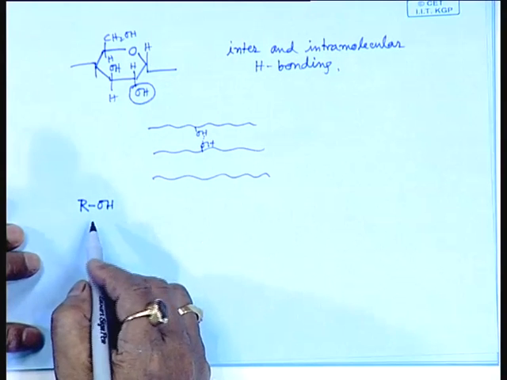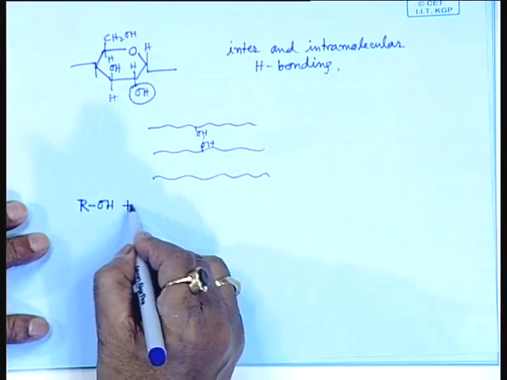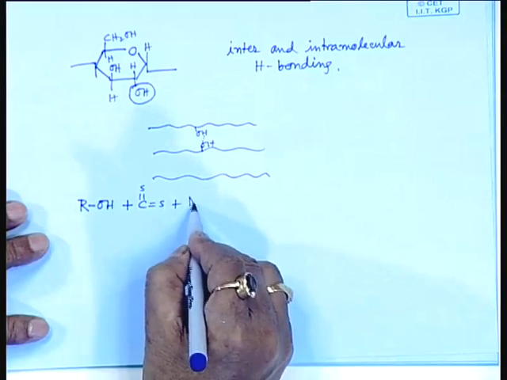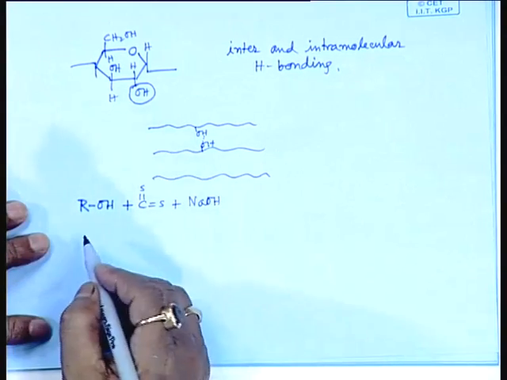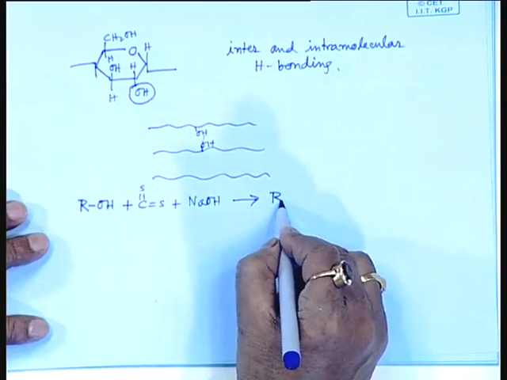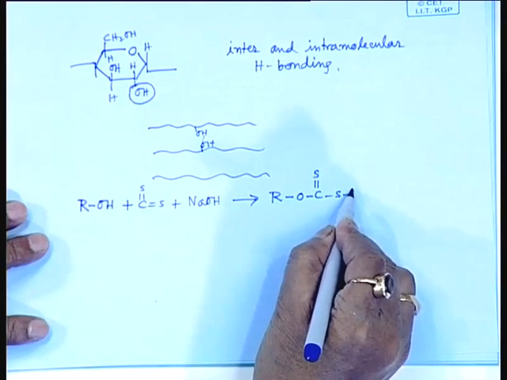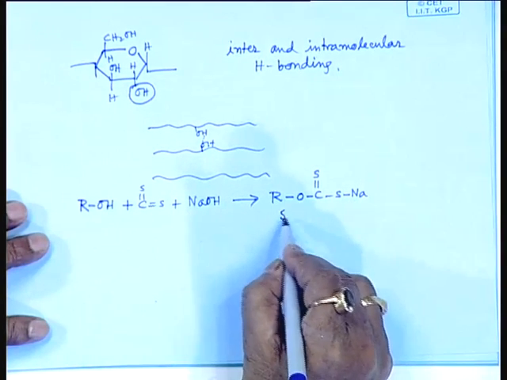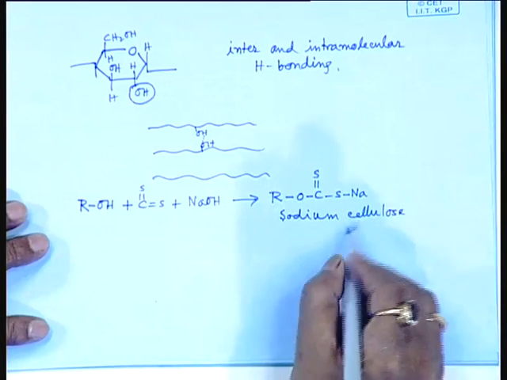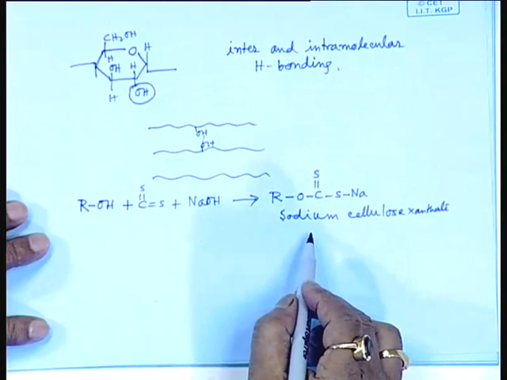In order to make it soluble, you add carbon disulfide along with sodium hydroxide. What happens? It forms sodium cellulose xanthate. This is highly soluble in water.